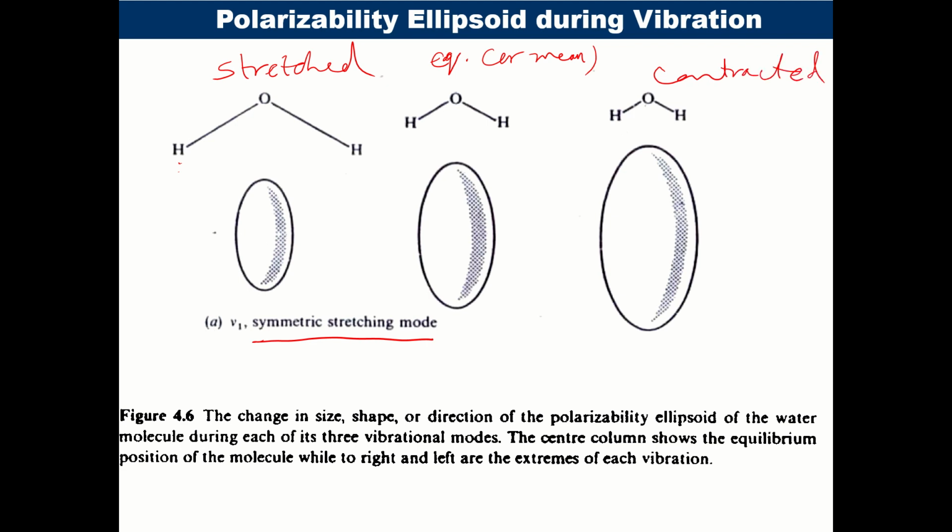Three situations. As the molecule is undergoing vibration, you have the highest polarizability. Now when both hydrogen atoms stretch out together, the polarizability ellipsoid will have the greatest polarizability in this case.